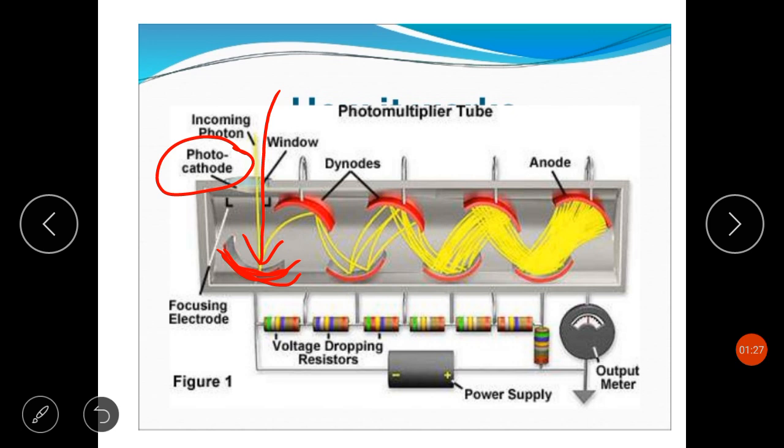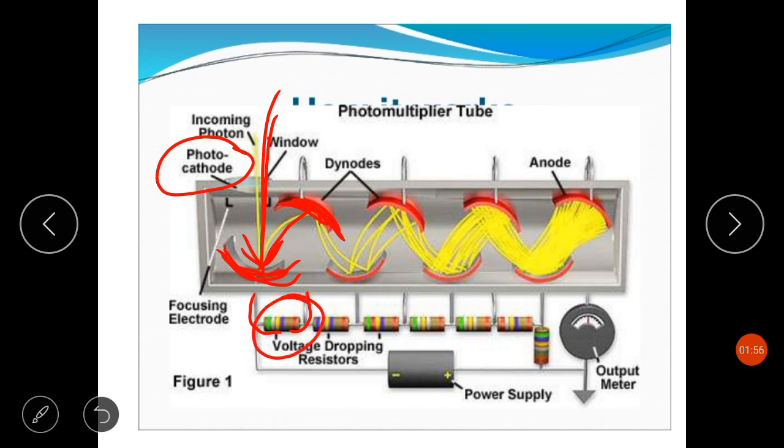So what is happening when light is falling on this photosensitive cathode? Electrons get emitted, and these electrons get accelerated because of the applied voltage between the dynodes. This is the first dynode, and between the first dynode and the cathode a voltage is applied.